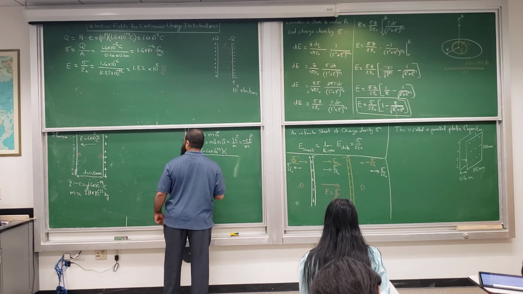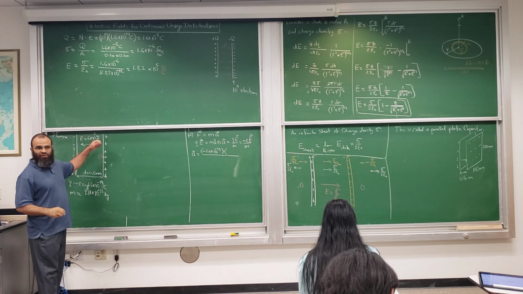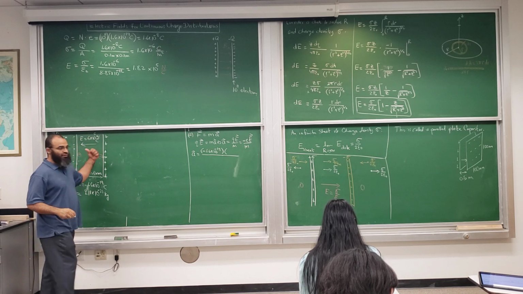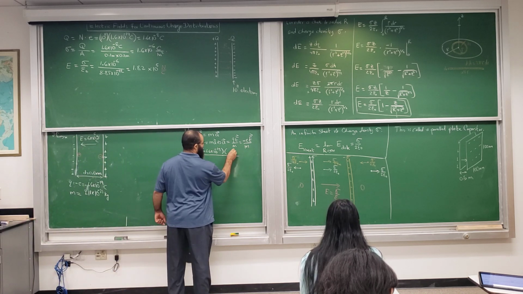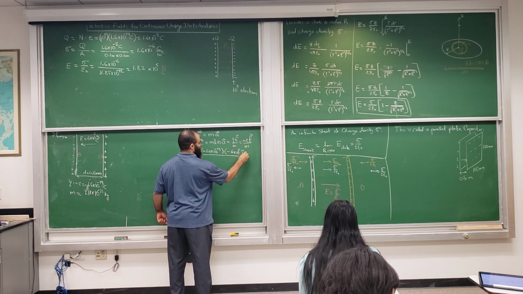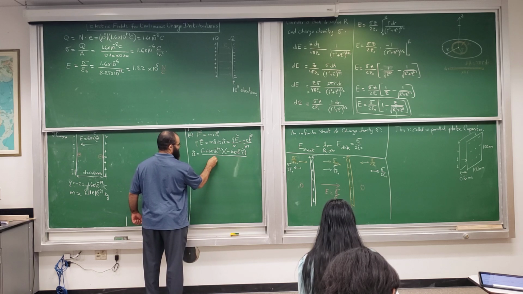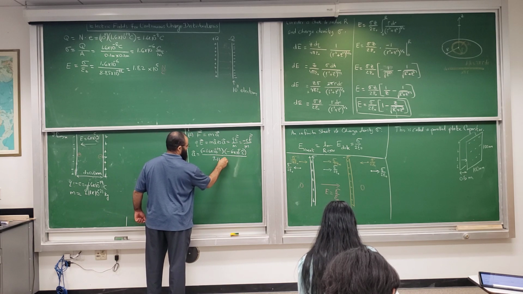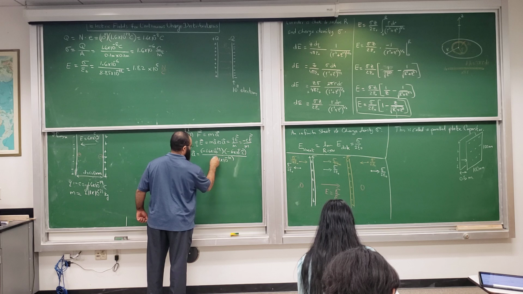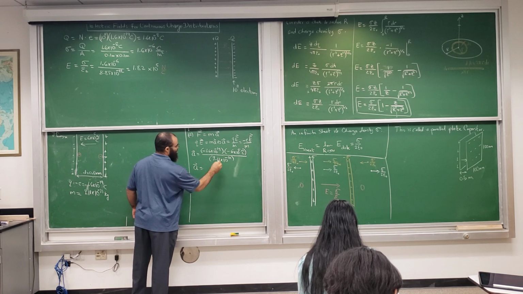You have your electric field, which is 6 times 10 to the 5th, but it's to the left, so it's minus i hat. And then the mass.